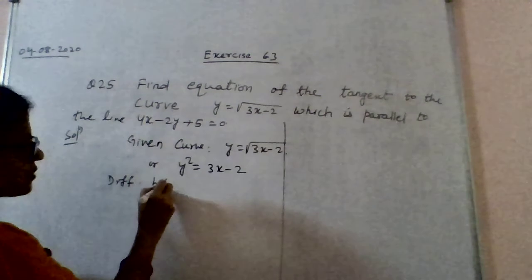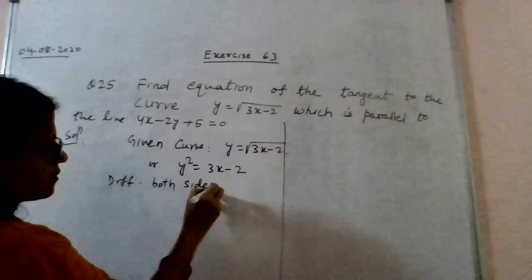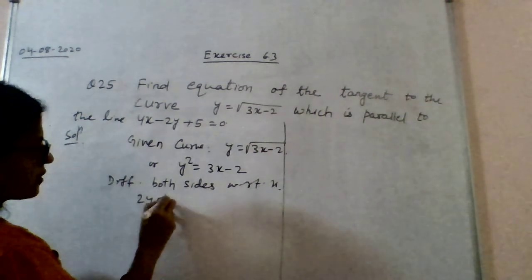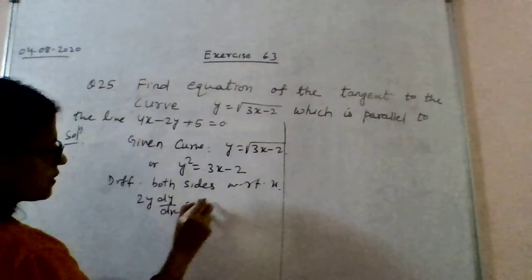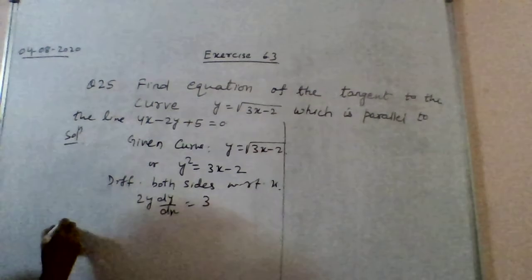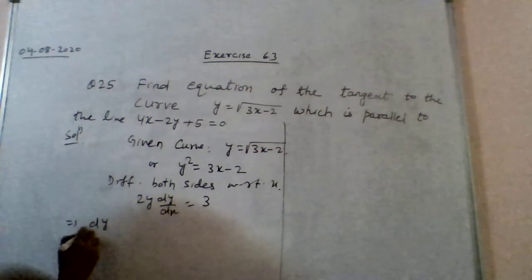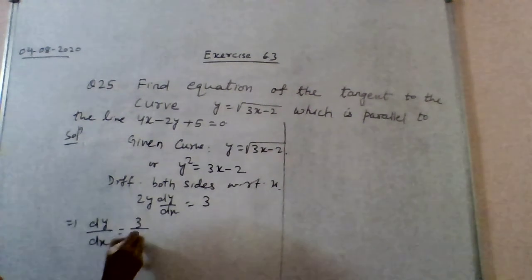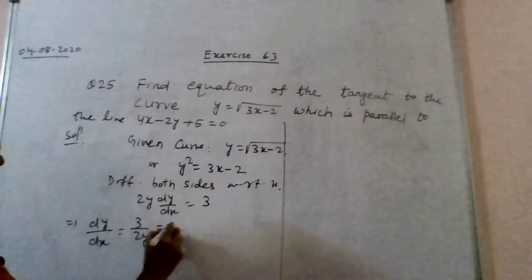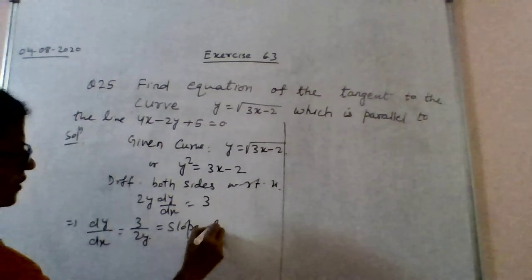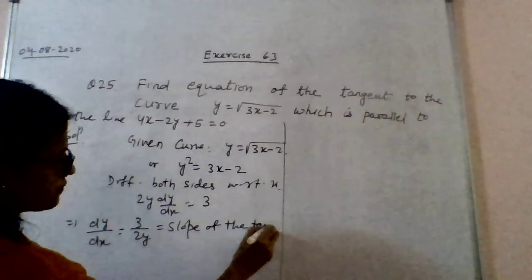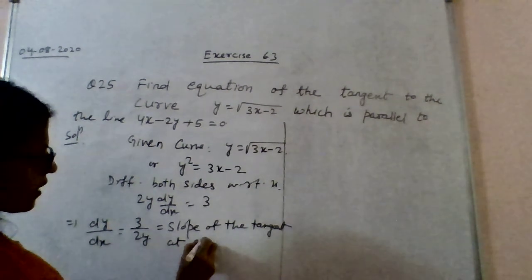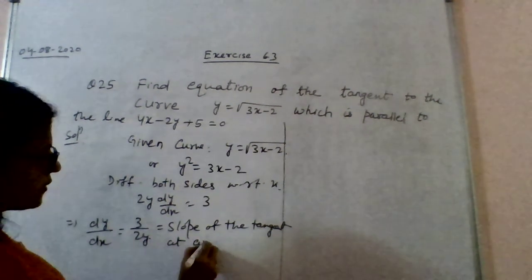Differentiating both sides with respect to x, 2y dy by dx equal to 3, which implies dy by dx equal to 3 by 2y. So this is the slope of the tangent to the curve at any point xy.